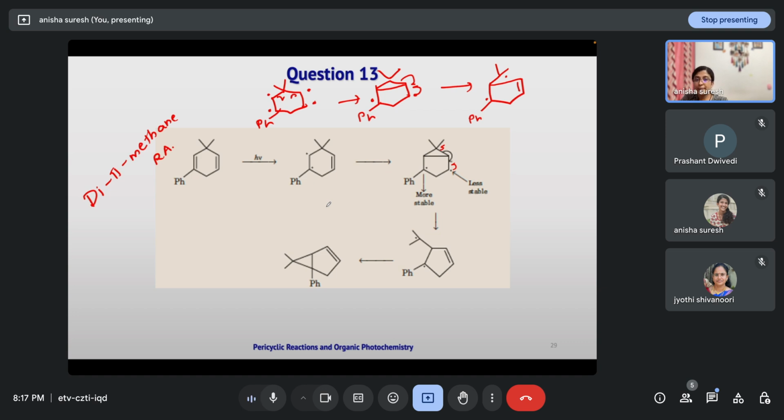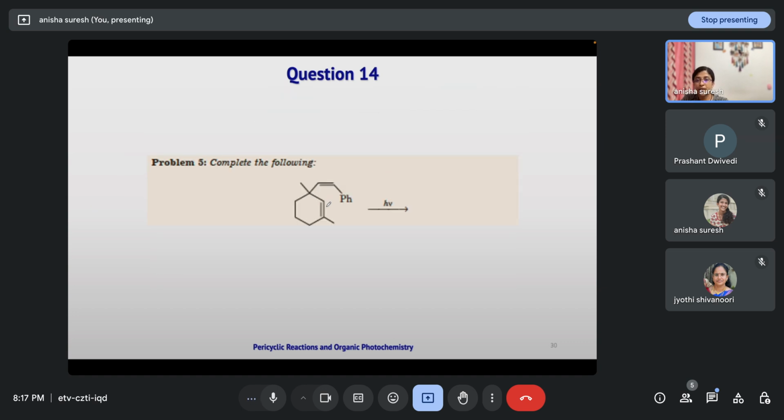Now coming to question number 14. Complete the following. So this is the starting material under photochemical condition. What is taking place here? So this is also an example of di-π-methane rearrangement. So how is it taking place?